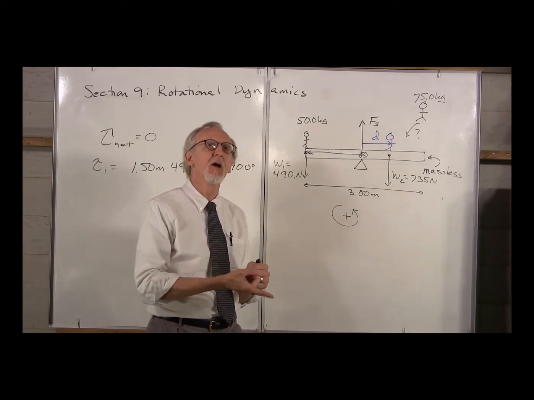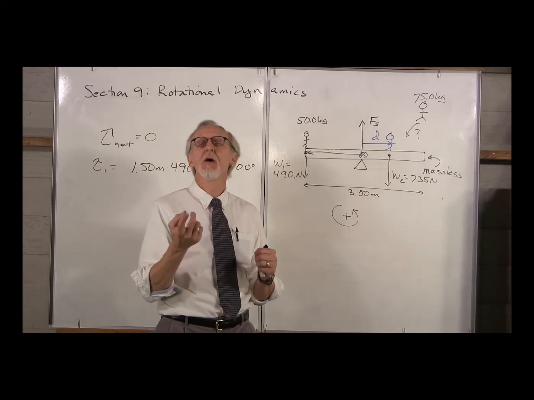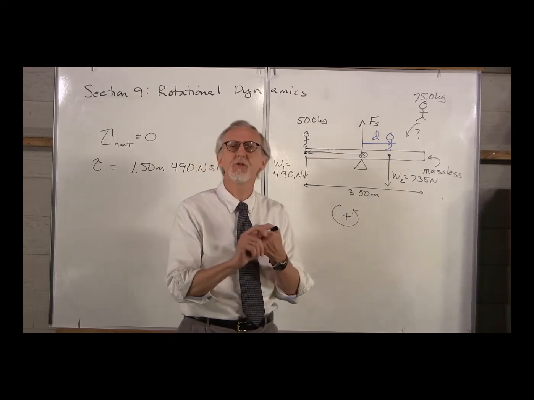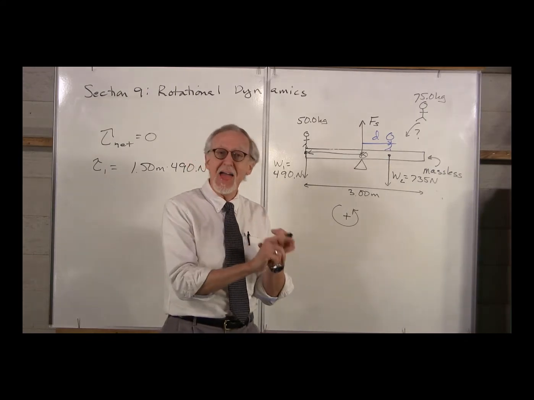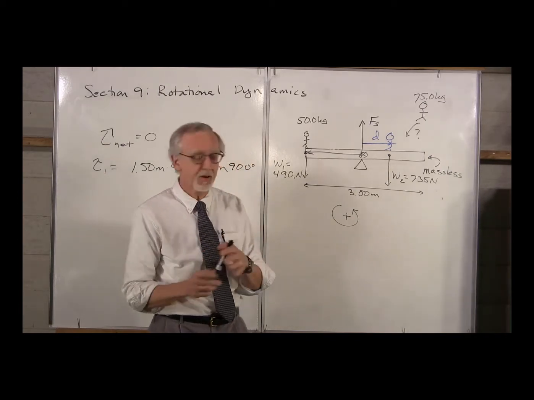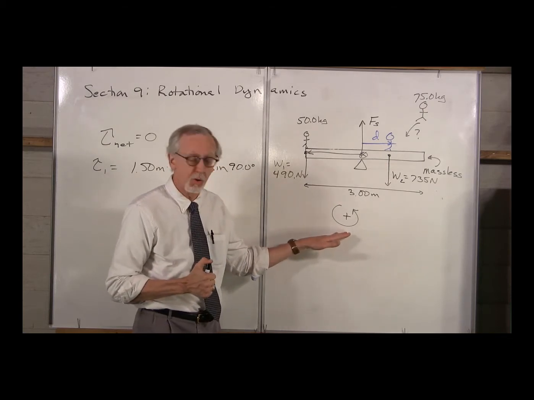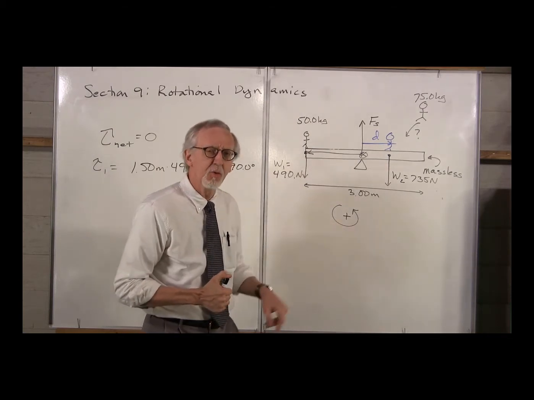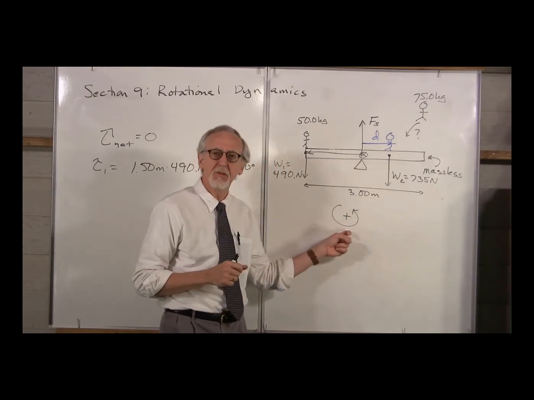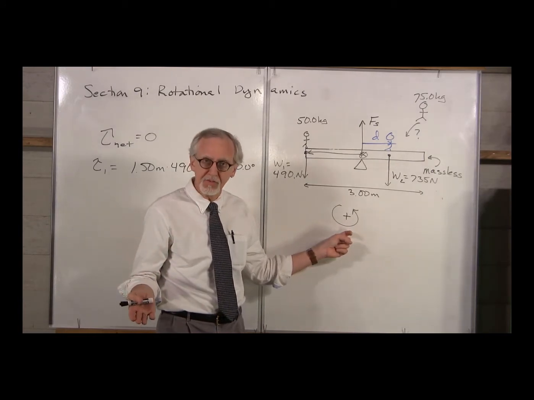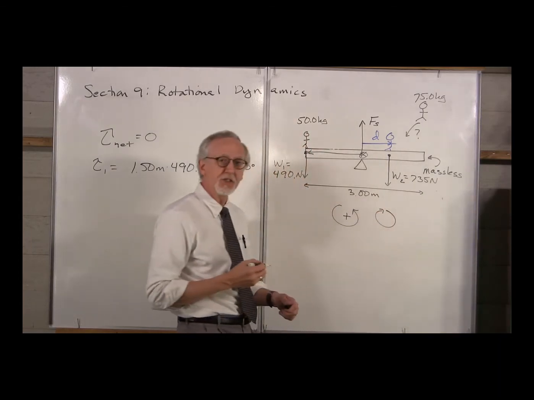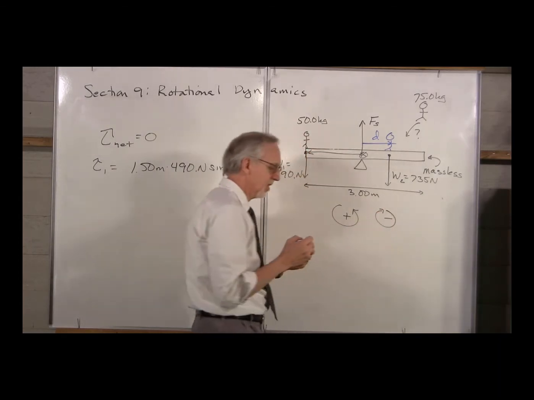Remember, angles, velocities, angular accelerations that were counterclockwise were all positive. Those that were clockwise were negative. We're going to use the same orientation for torques. So torques that would tend to rotate the object in a counterclockwise direction, we'll think of as positive torques. Torques that tend to rotate objects in clockwise directions, we'll think of as negative torques.